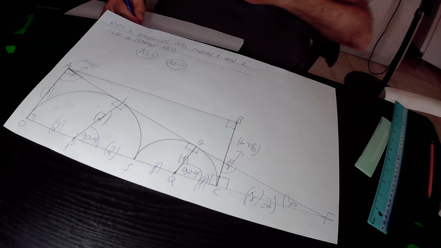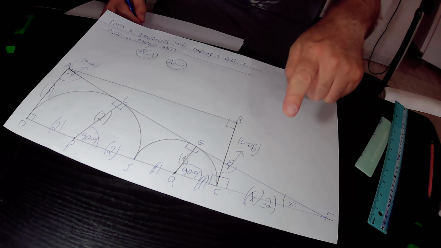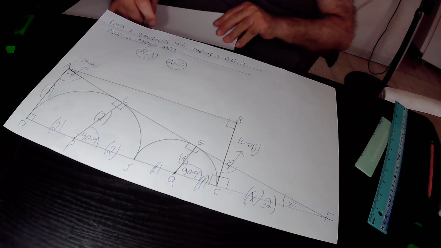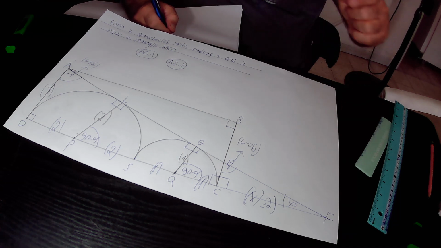Again, we will prove that the biggest right triangle ADF is similar to the smallest right triangle ECF.